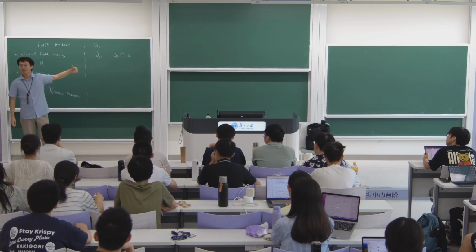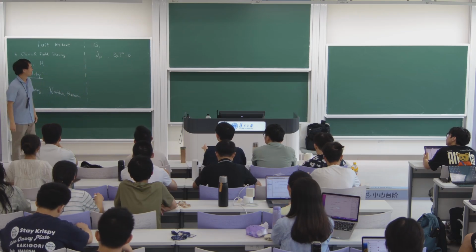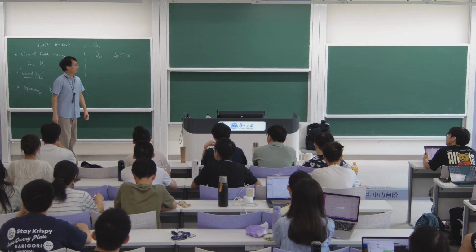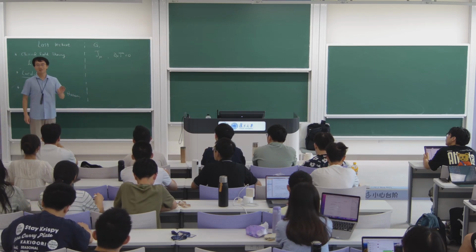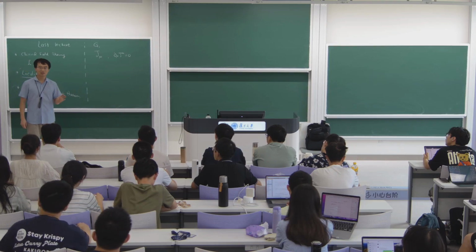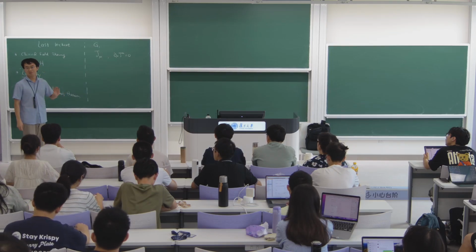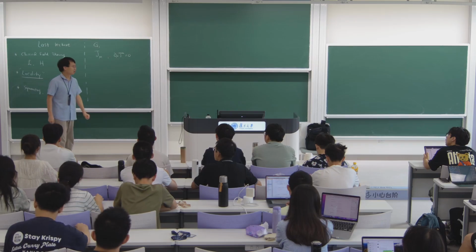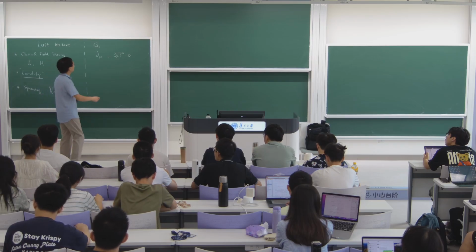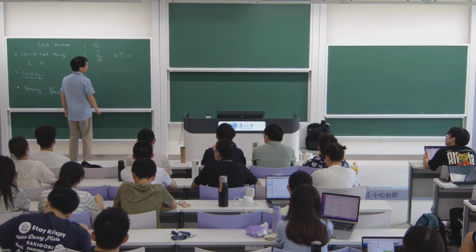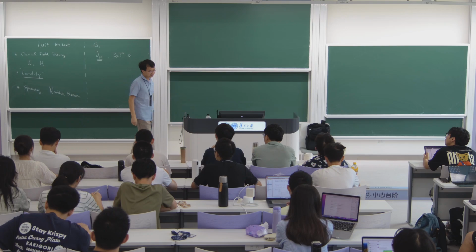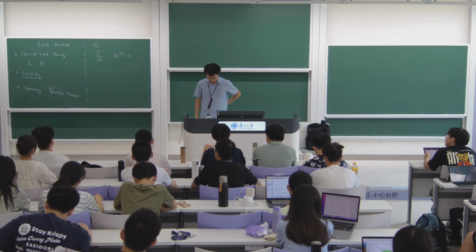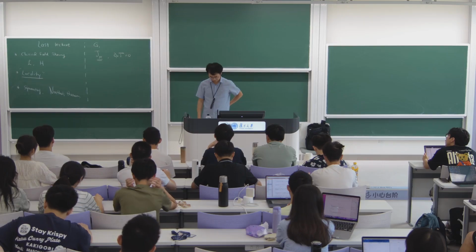The two parts. If you still remember, one part is coming from the variation of the Lagrangian, another part is coming from the symmetry constraint, which comes from the partial derivative of the Lagrangian. Then we can get this J mu. This is a very general result, a very important result.